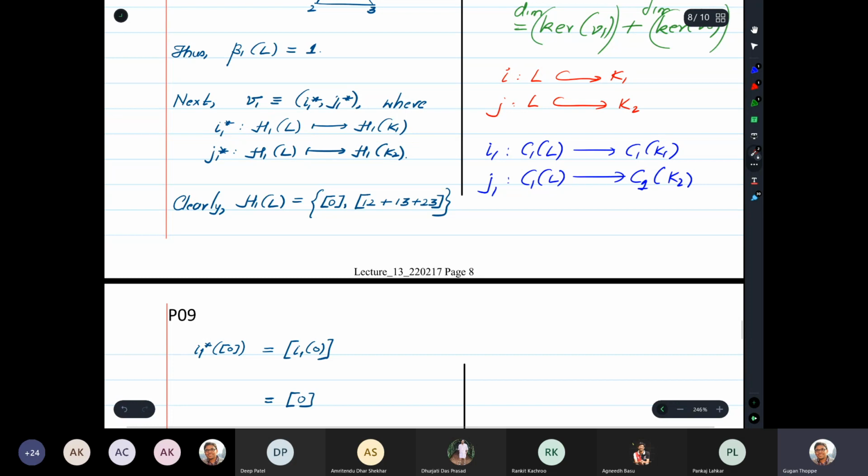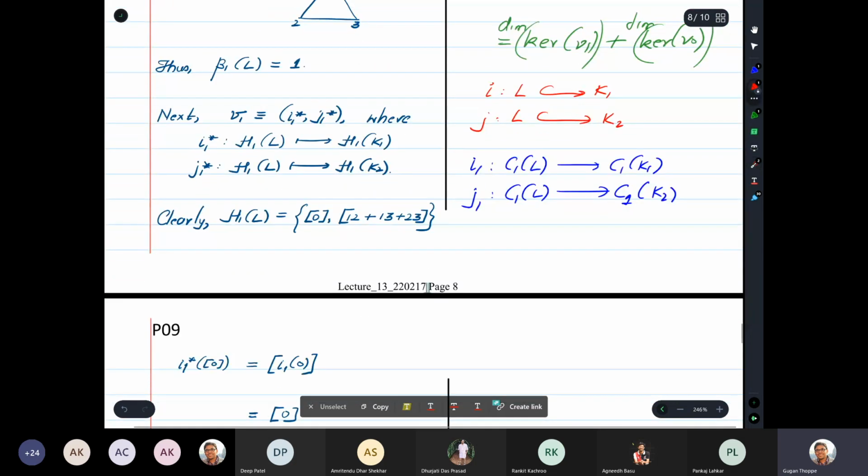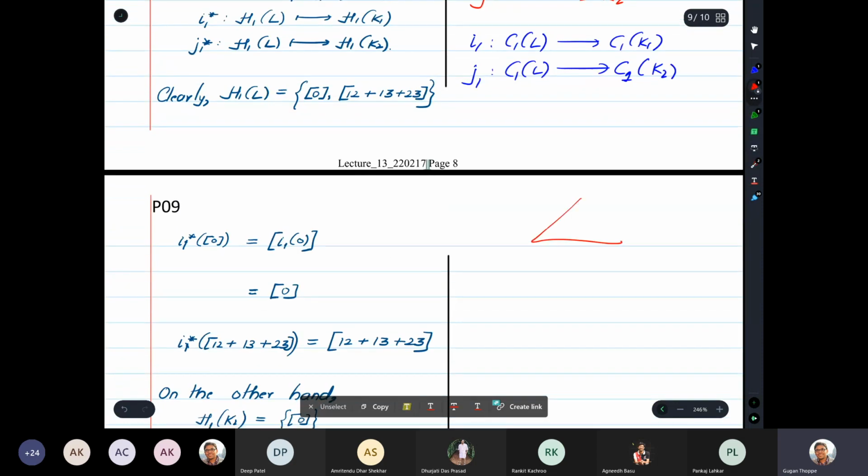So let's first try to see what is L. Right, so L over here is this simplicial complex. Let me draw it again. So this is 1, 2, 3. Okay, so H1 of L will basically include all those representatives of the different cycles that are present over here, right?